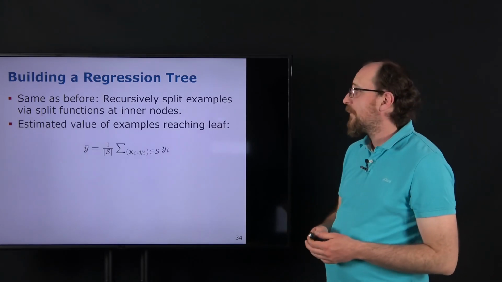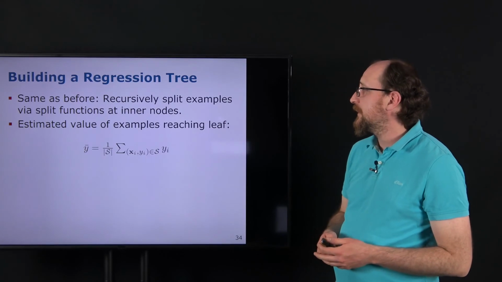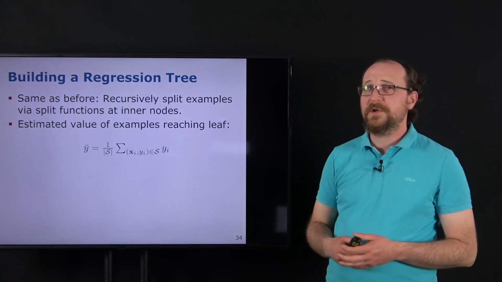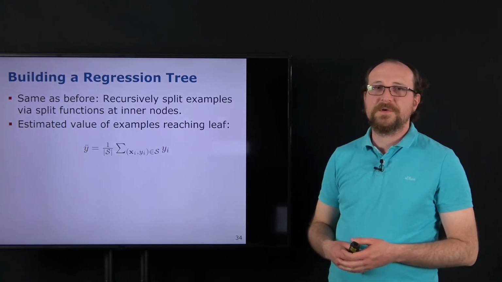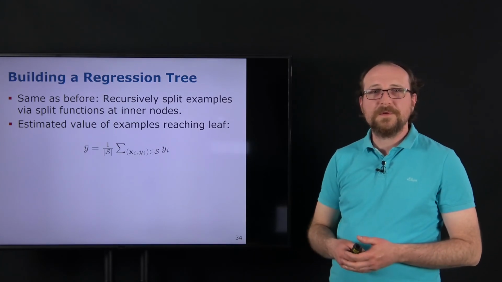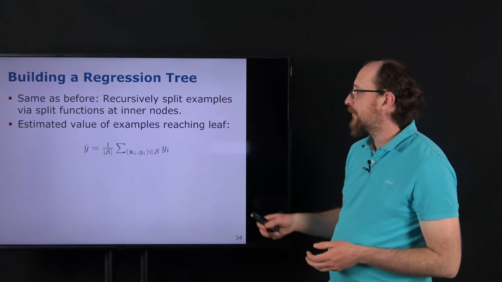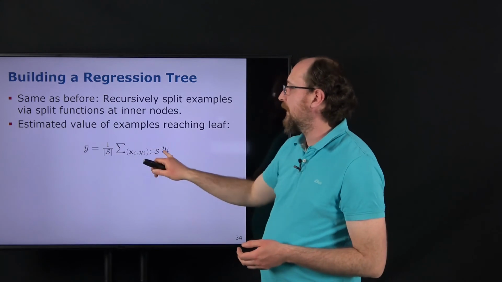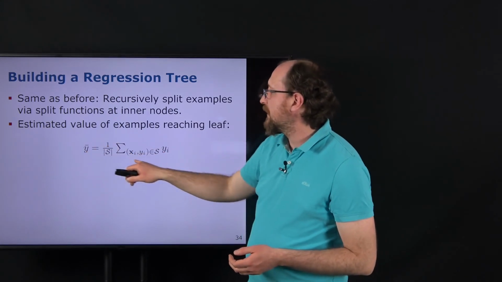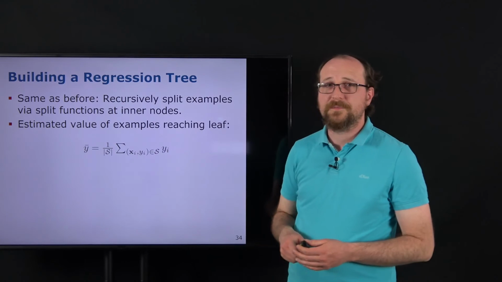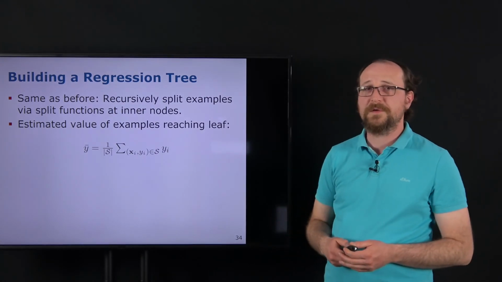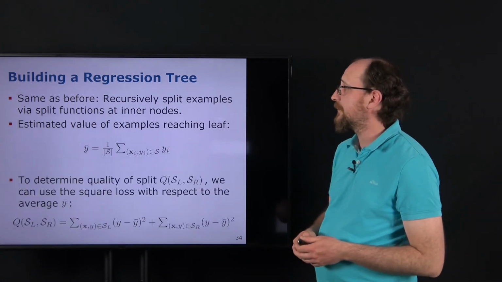But first, what do we do when we reach a leaf? Because we now don't have classes, we don't return the probability distribution, but we just return the mean over all examples that reach this leaf. This is the part that is returned by the regression tree.